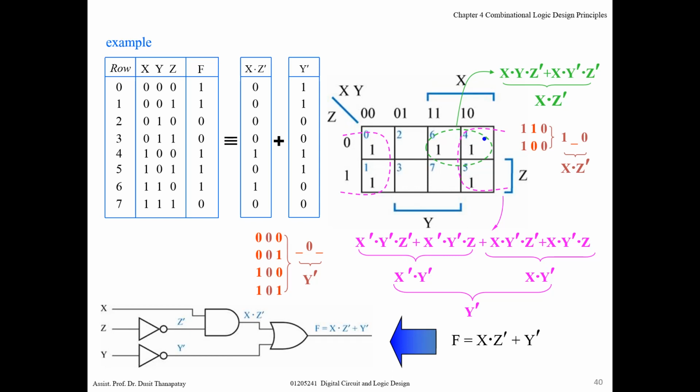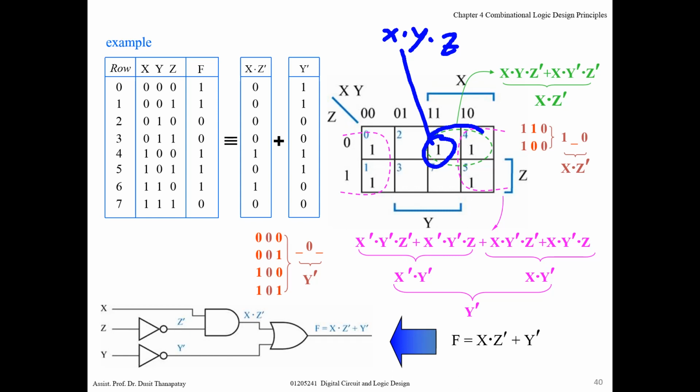Okay, you can select more than one cell if it helps you reduce the number of variables for each product term. Note, if you select only one cell, the product term is a minterm, which means you obtain all the input variables.